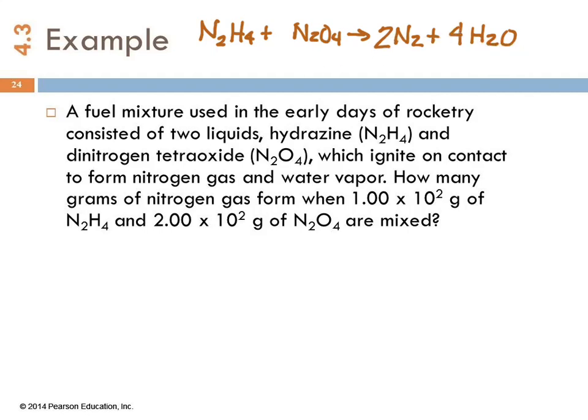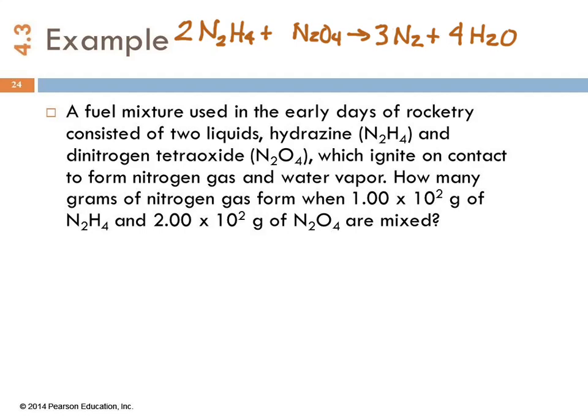So if we put a 4 there, we're going to have 4 oxygens. And that didn't do anything to the nitrogens, so they're still okay. Let's look at the hydrogens. 8 here and only 4 there. Well, we'll have to put a 2 in front of it to fix the hydrogens. Now we messed up the nitrogens, right? So let's erase this, because that's not going to work anymore. We have 2 times 2 is 4, plus 2 is 6. And so if we put a 3 here, then we should be good.